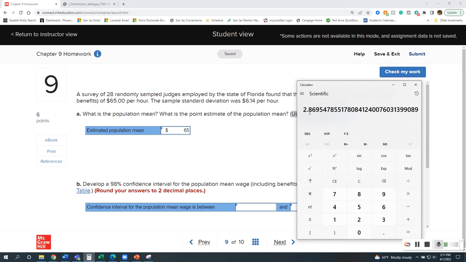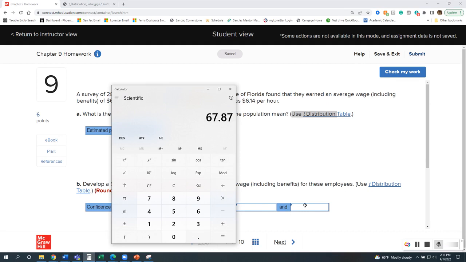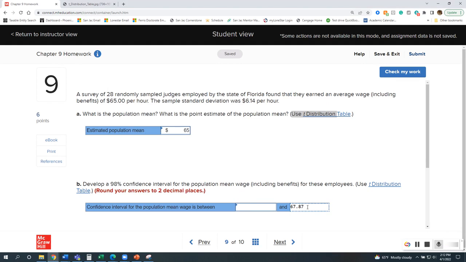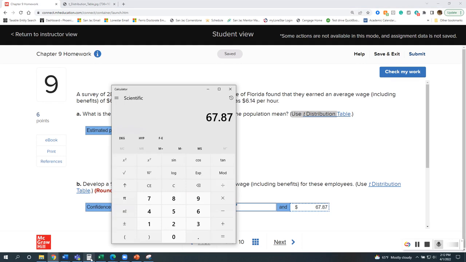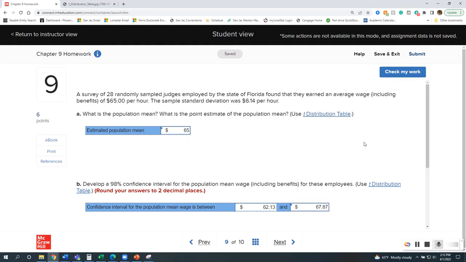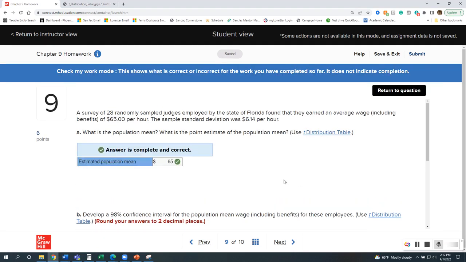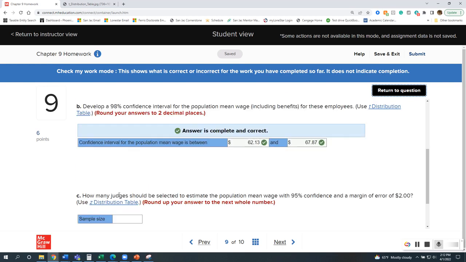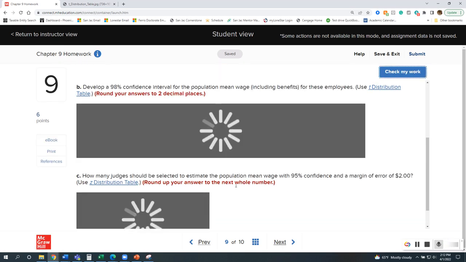So since it's round our answers to 2, we're going to go 2.87 plus our 65 equals 67.87. Okay. Calculator, 65 minus 2.87, 62.13. Okay, there we go.